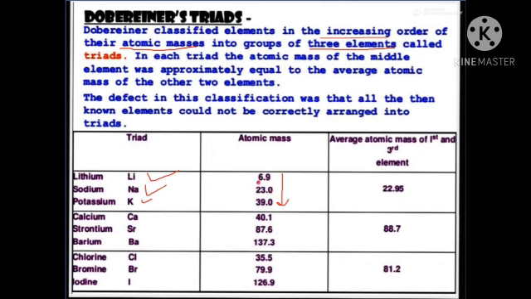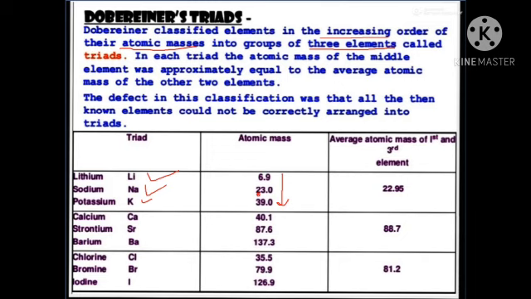The atomic mass of the middle one is approximately the average of the first and third. The average of 6.9 and 39.0 is 22.95, so it is approximately equal to the middle one.